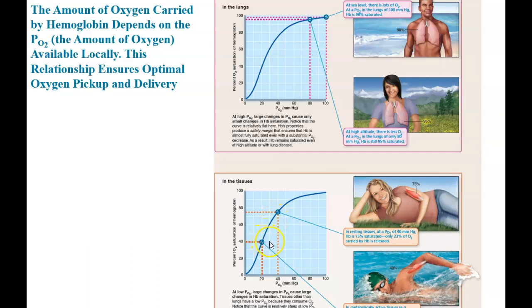So at low partial pressures of oxygen, large changes in the partial pressure are going to cause large changes in saturation. But at high partial pressures of oxygen, large changes in the partial pressure only cause small changes in the saturation.